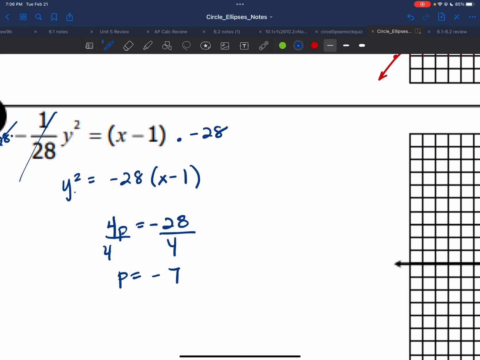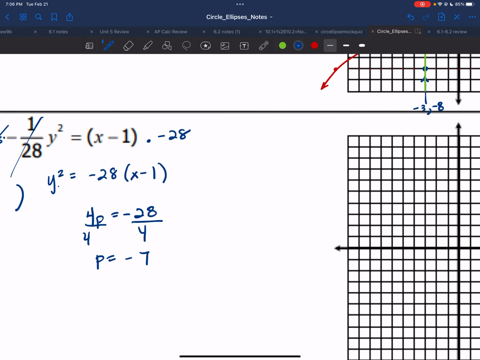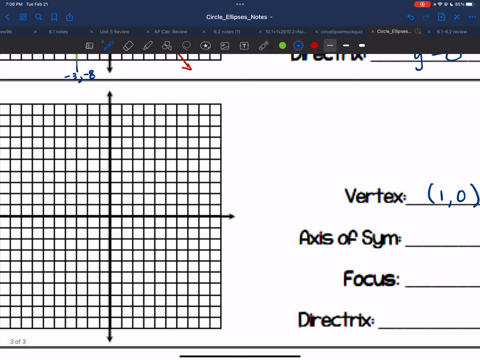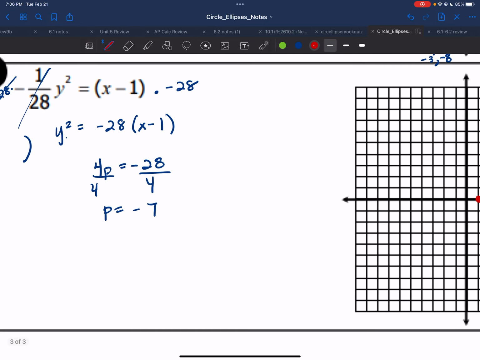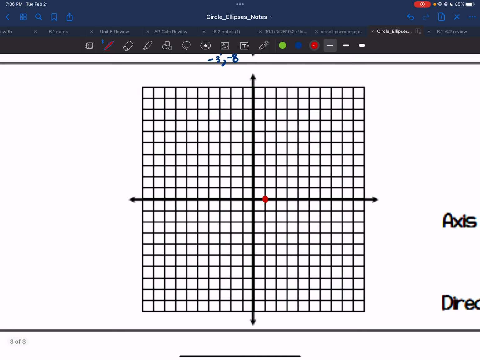So with that negative, I know not only is it going to be left or right, but because it's negative, it's going to be the one on the left. So I'm going to put it that way so that I know my focus is to the left, my directrix is to the right. All right, let's map out my vertex. So (1, 0), there's my vertex right there. 7 is where my focus is going to be in front of that.